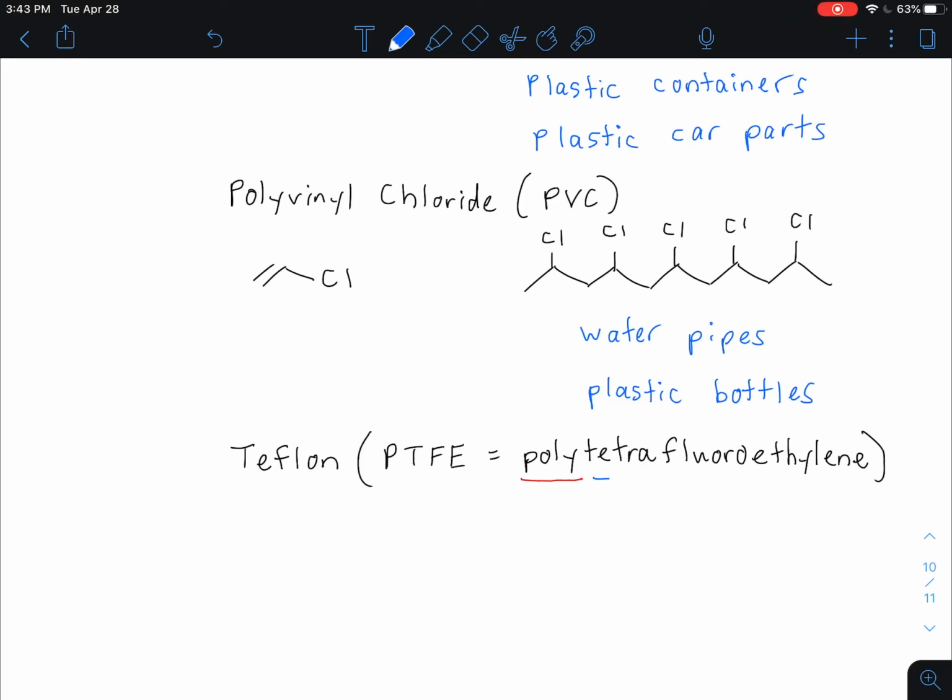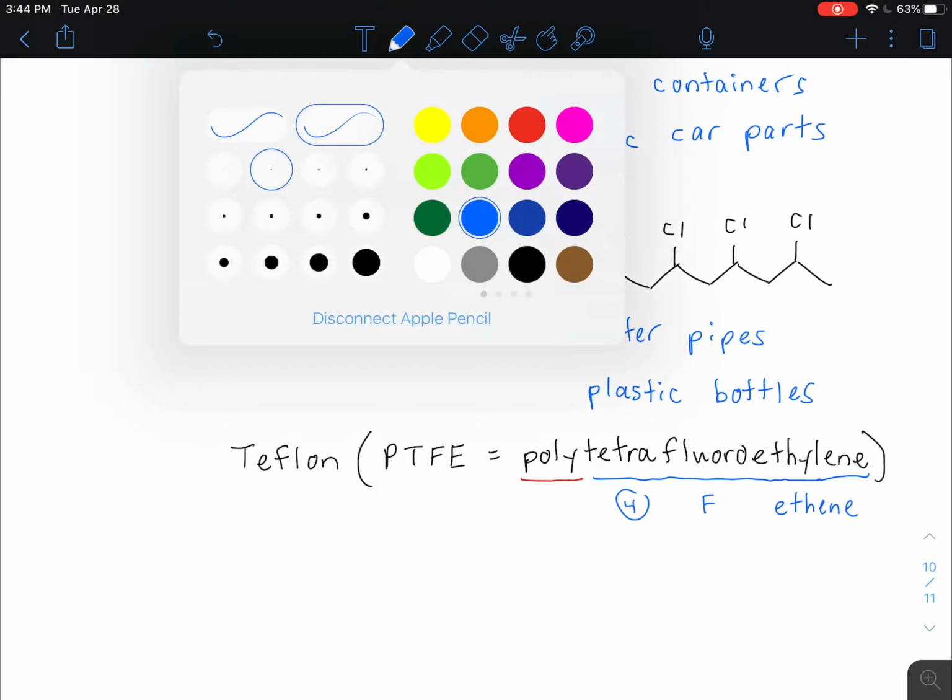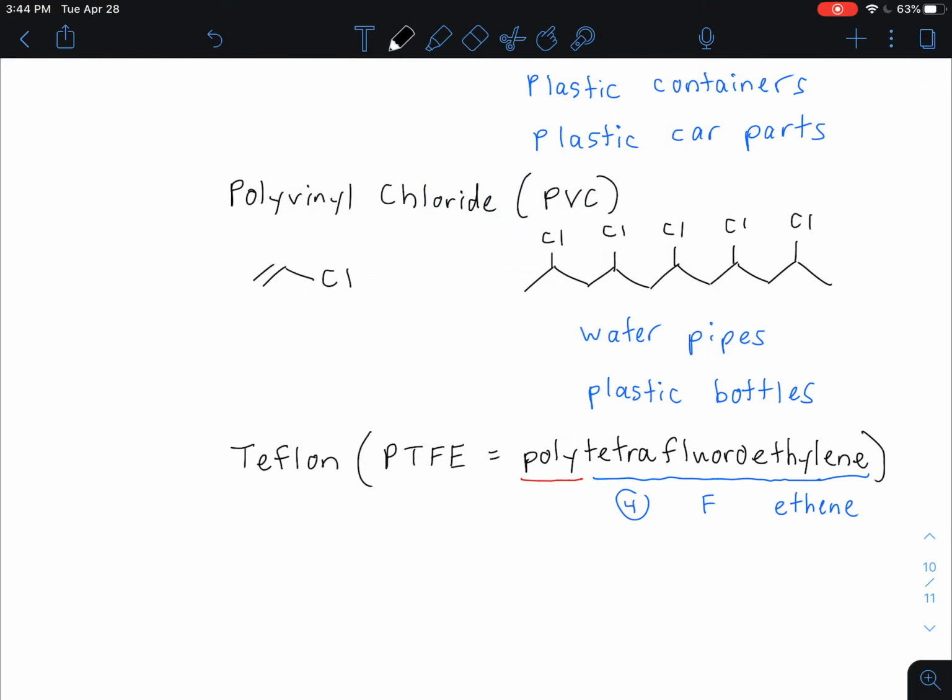So if you're looking at this name, well, poly just means it's a polymer, so that's not telling me a whole lot. But tetrafluoroethylene, that's telling me that there are 4 fluorines per ethene unit. So now what I'm polymerizing is this molecule.